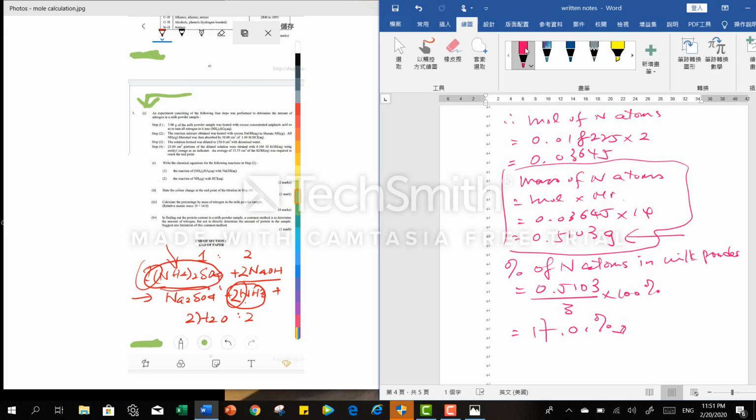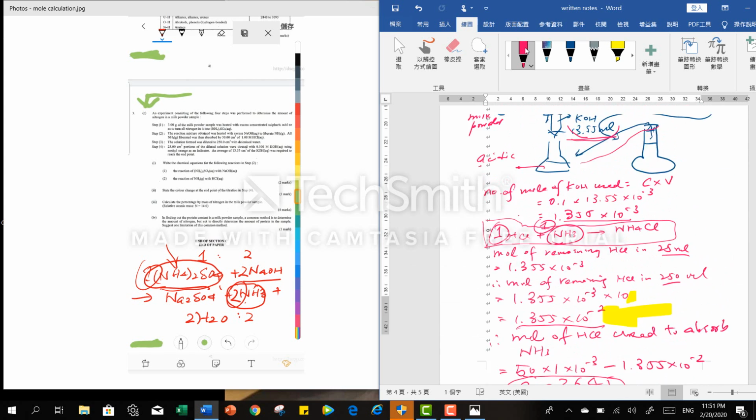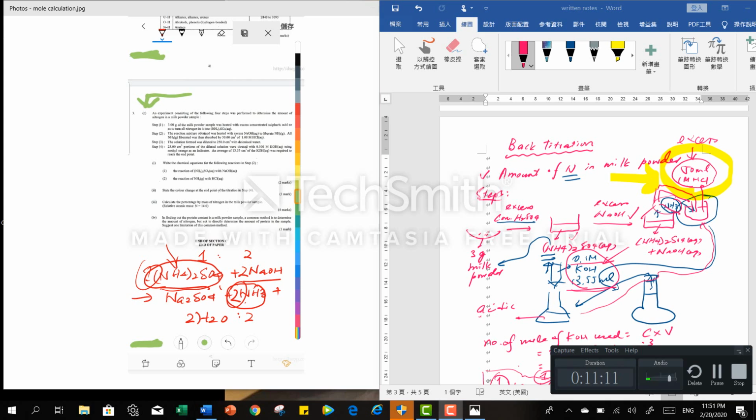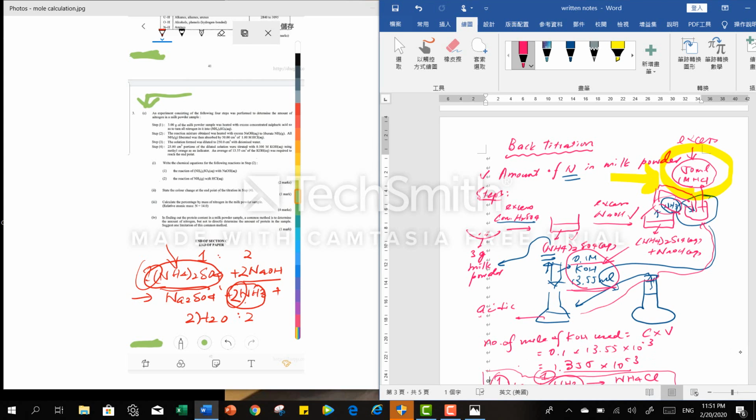Is it easy? Now I try to make a summary, okay? Now the idea is we have some milk powder, then we try to dissolve it in acid to become this compound, then we add sodium hydroxide. When they react, they give out ammonia. Then the ammonia will be absorbed by the excess amount of HCl, and then the remaining HCl will be found out from titration.